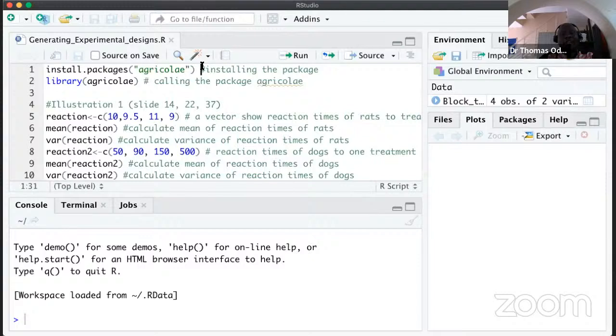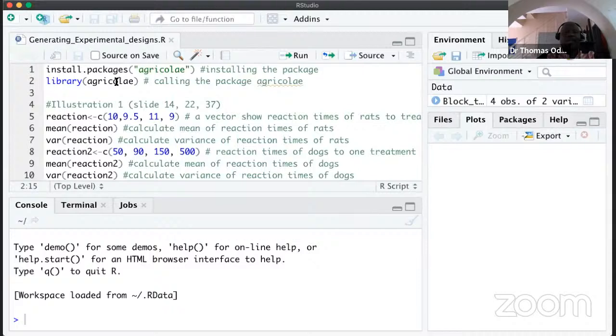Then the next thing you need to do, before you do the analysis, is load the particular package that you are going to use. You use the function library, and then you should be able to load the package. How do I know that I don't have the package installed?